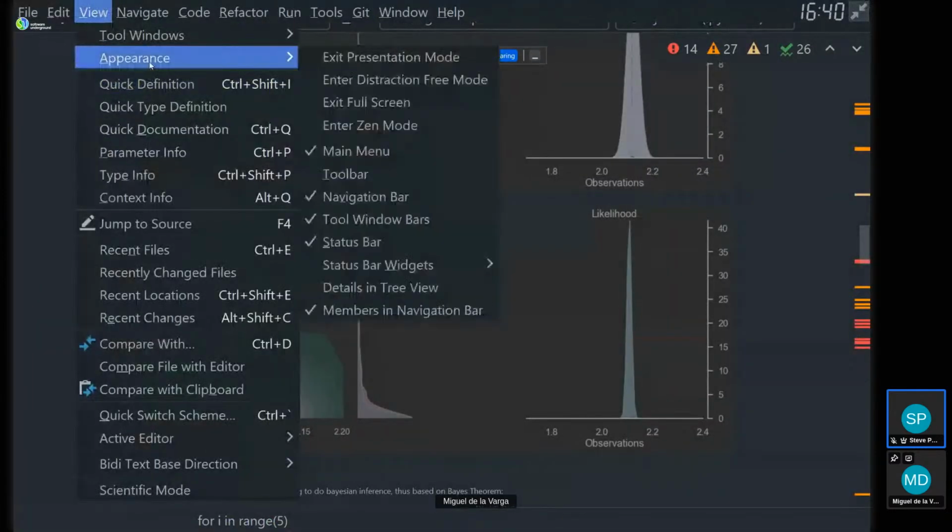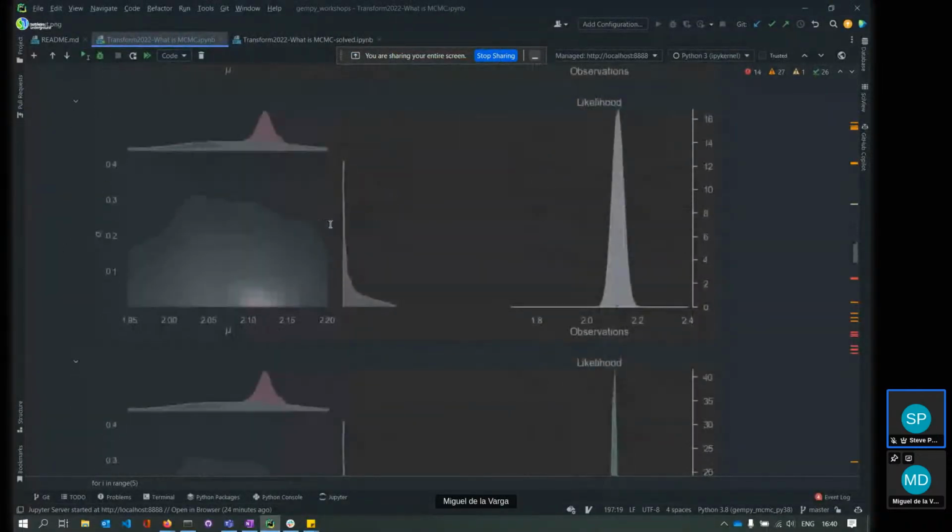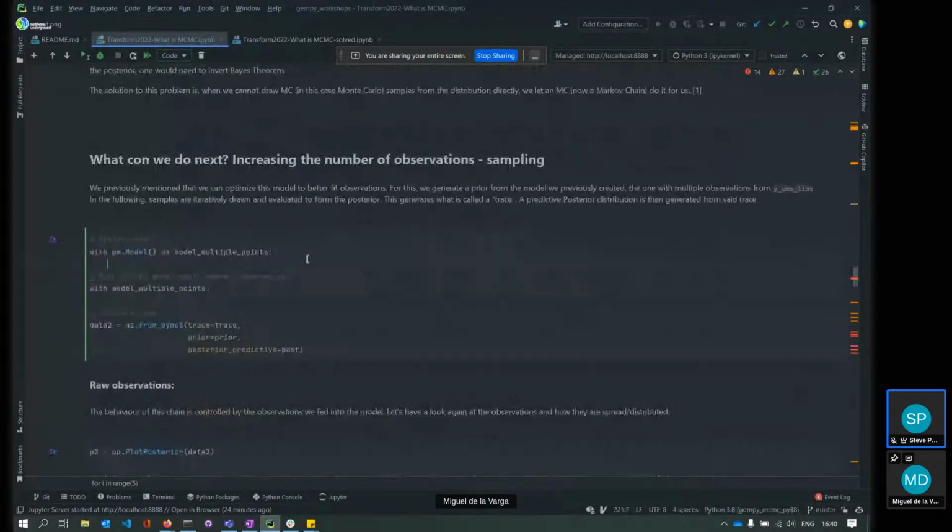So I'm going to go away from presentation mode. Again, I think that I was too optimistic when I prepared this, so I'm going to start copying and pasting a bit more code.